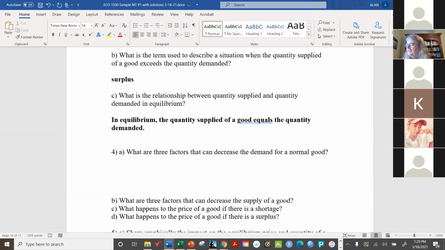For example, an increase in the taste for the good. Oh, sorry, decrease, my fault. Yeah, a decrease in the taste for the good.